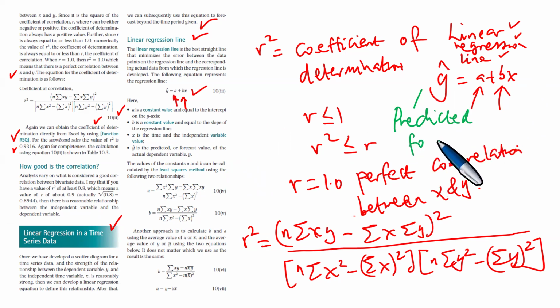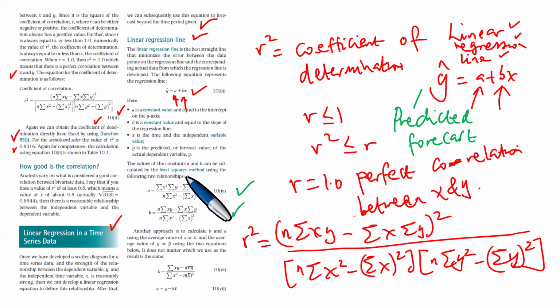Now the values of the constants a and b can be calculated by the least squares method. The question is, what is the a and what is the b?